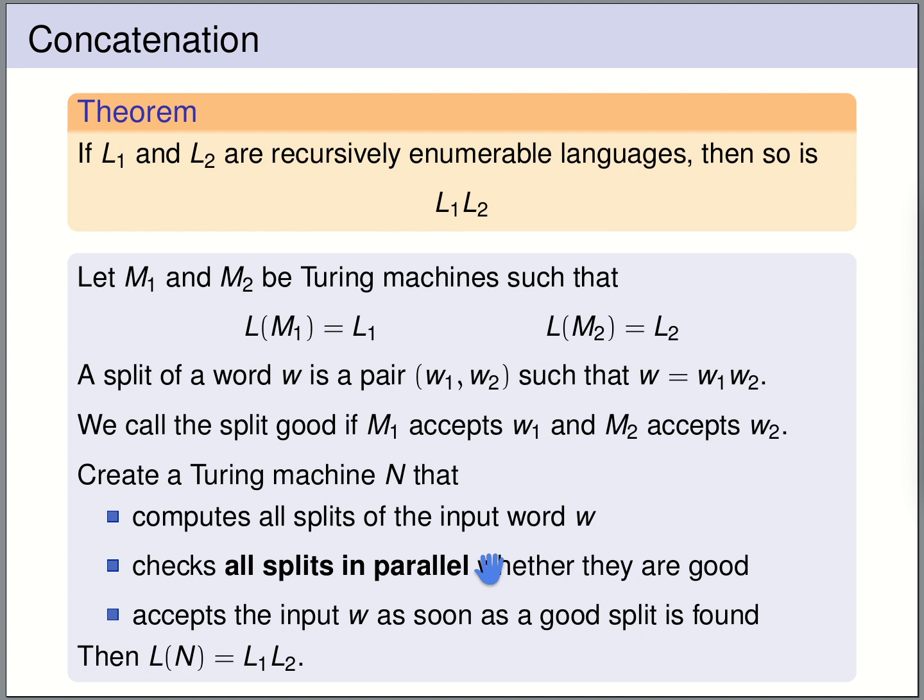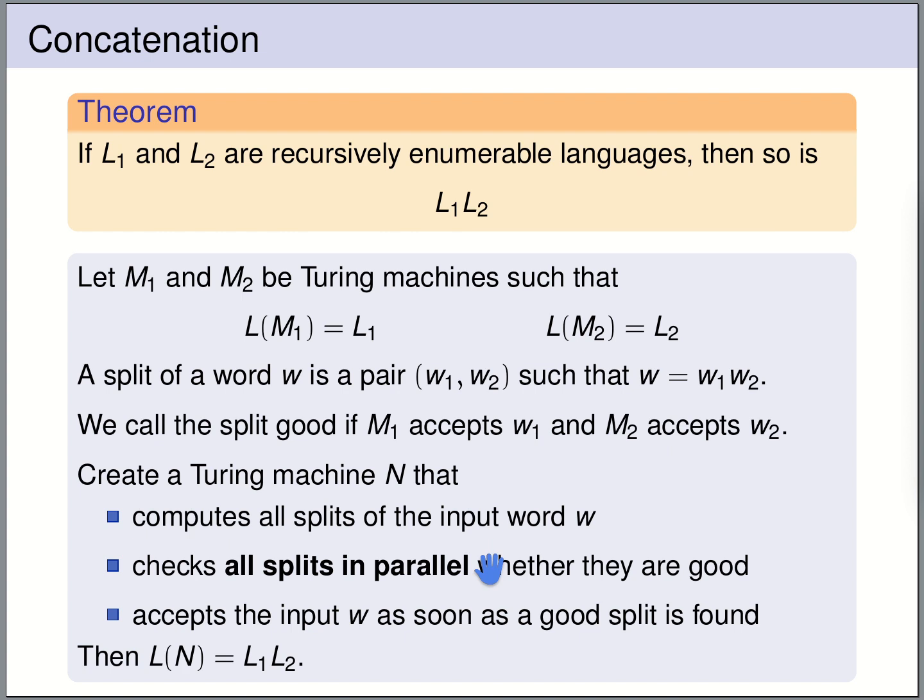So it will run the machines M1 and M2 several times in parallel for each of the splits in parallel. And again, we don't have real parallelism, but we can alternatingly run one step of one machine, then one step of the next machine, and so on. So we run them alternatingly, such that all of them progress.